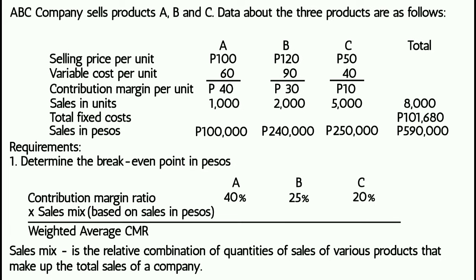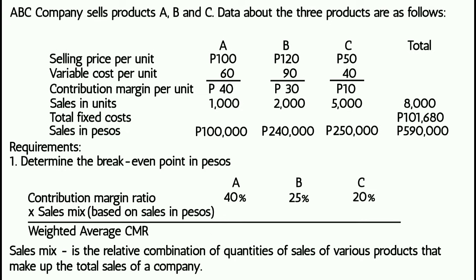Next, sales mix. In order to compute for the sales mix, get the sales in pesos for each product and divide it by the total sales in pesos. So sales in pesos for each product divided by the total sales in pesos. For product A, ang sales in pesos ay 100,000 pesos.